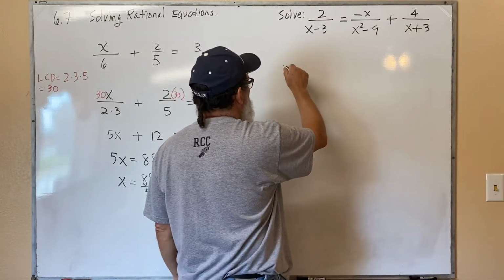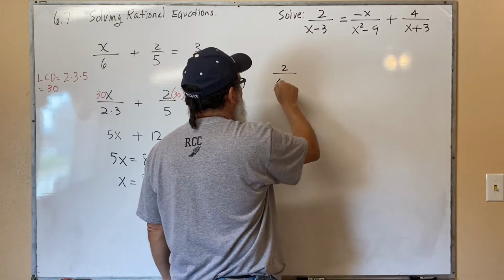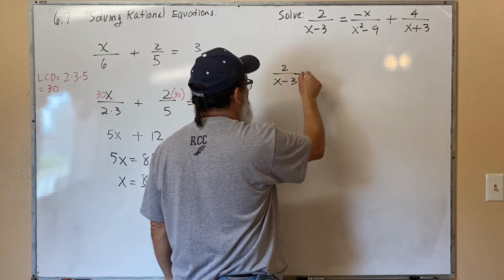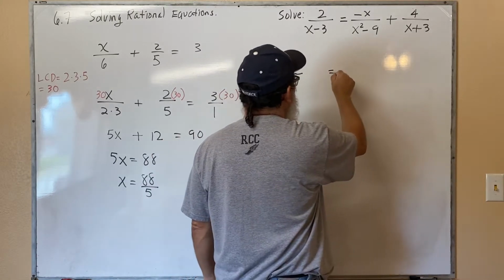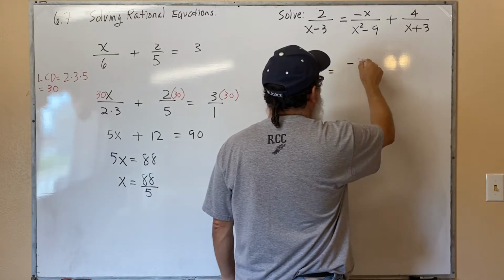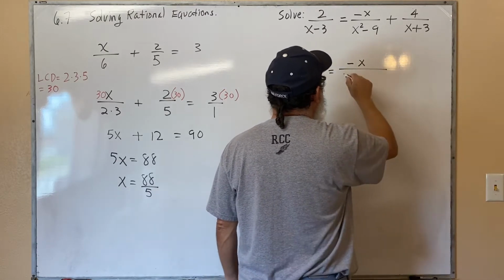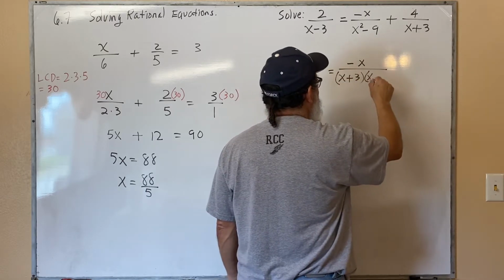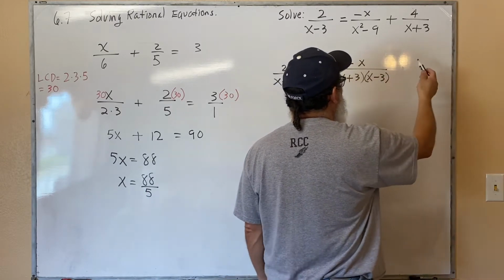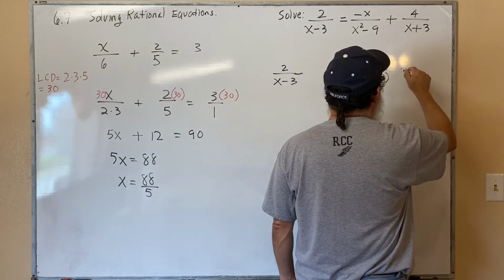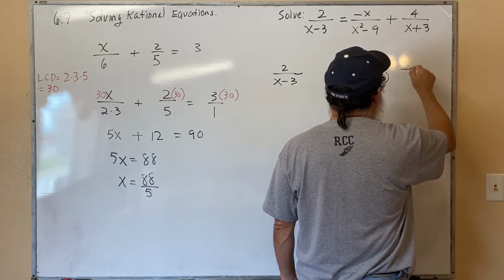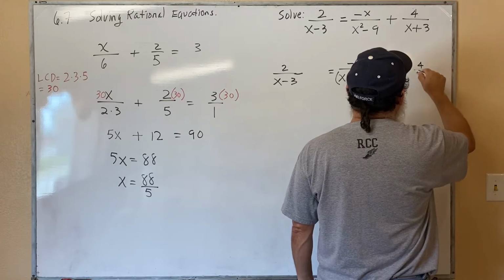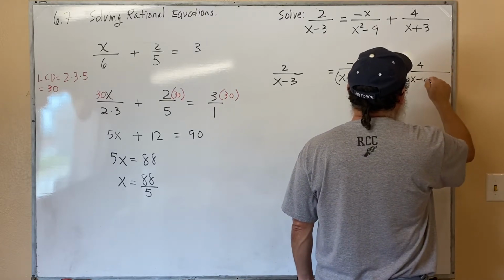So this is 2 over x minus 3 equals negative x over x plus 3 times x minus 3, plus 4 over x plus 3.